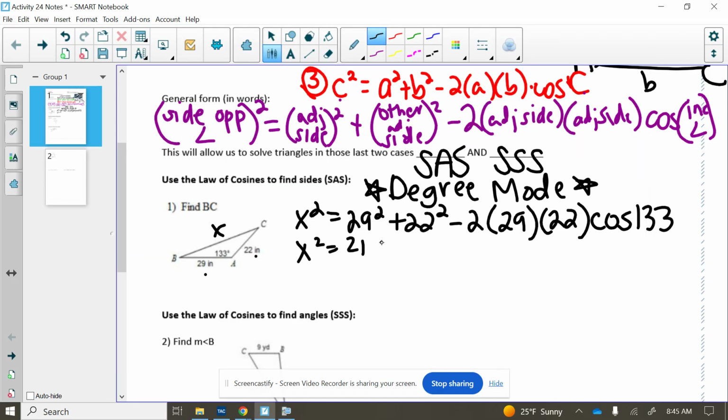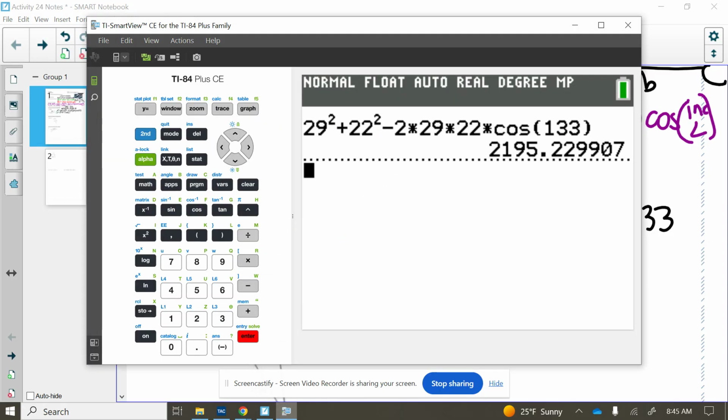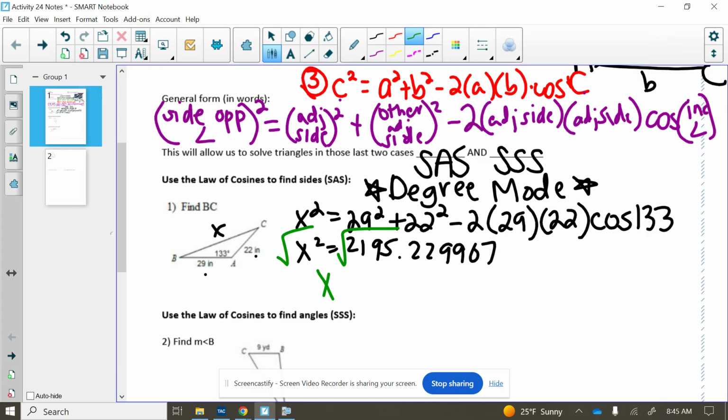So this 2195, all of this is what our x squared equals. So to get our final answer of what just x equals, we are then going to square root that previous answer. So we would get about 46.9 as our final answer for the length of that side.